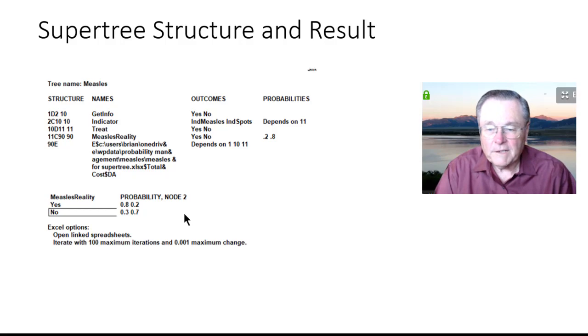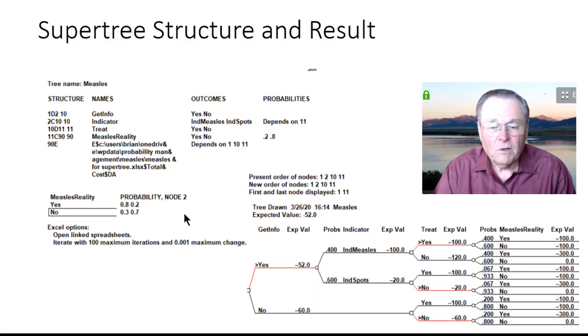So when you run that tree, this is the results you can get. And so we see that the optimal decision shown in red is to get the information. It has a cost of 52. When we do the Bayes inversion of the conditional probability matrix, we find out that we indicate measles 40% of the time, and 60% of the time we indicate spots.